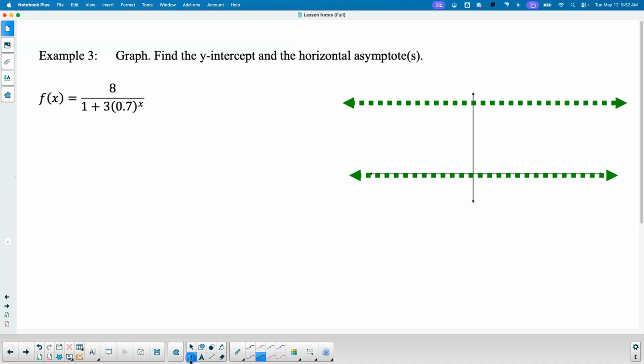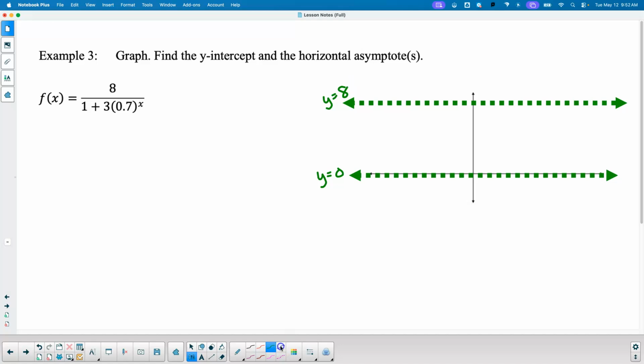So we've got y equals 0, and we've got y equals 8. What's an easy point that I can find that it goes through? The y-intercept, we call that? Yep, okay, so I plug in 0.